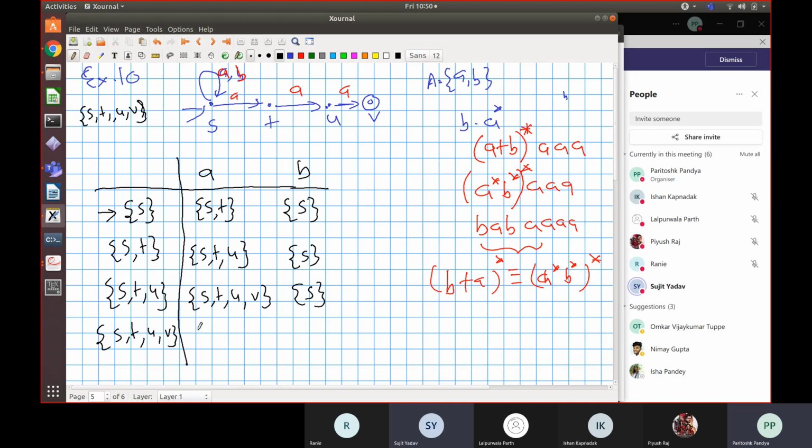Same STUV, and on B, S. Right? So I've now got a table which is closed. Although, as Rani said, there would be 16 subsets, only 4 are reachable. Now, which of these are the final states in the DFA?